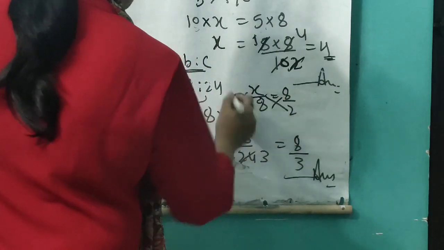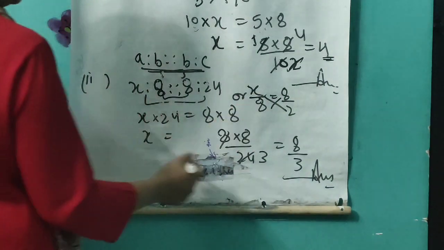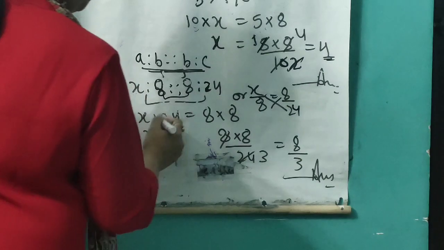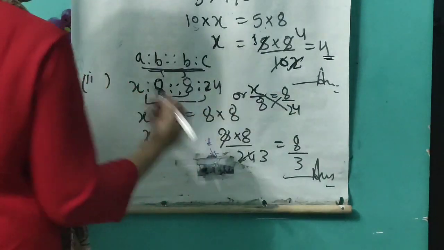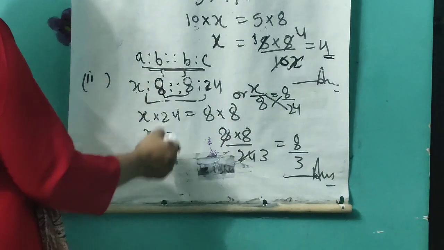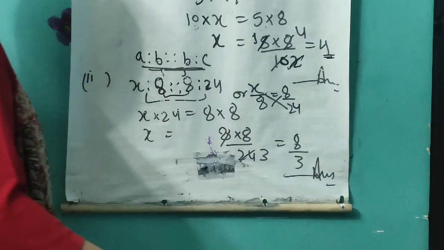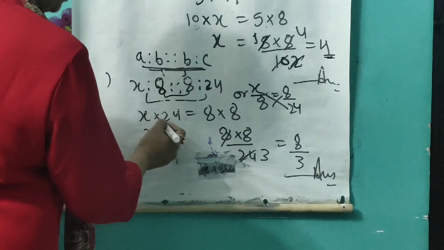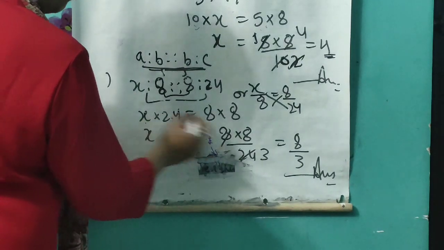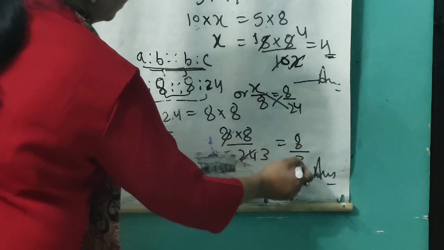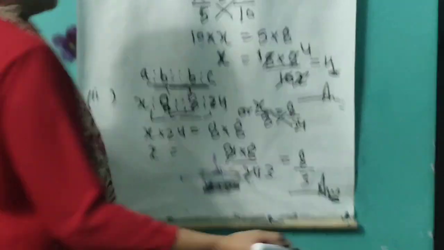If you cross multiply, you get 25 into x is equal to 8 into 8. I have written it directly by the method of product of means is equal to product of extremes. So for finding x, 25 will come here. So x is 64 by 25, which is your answer.